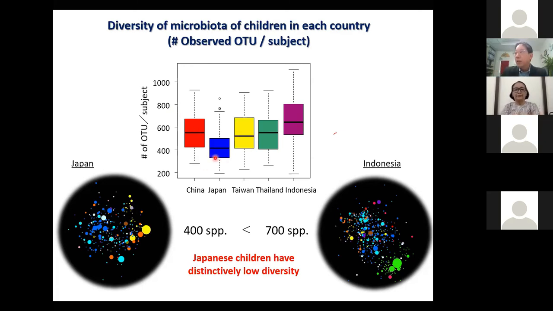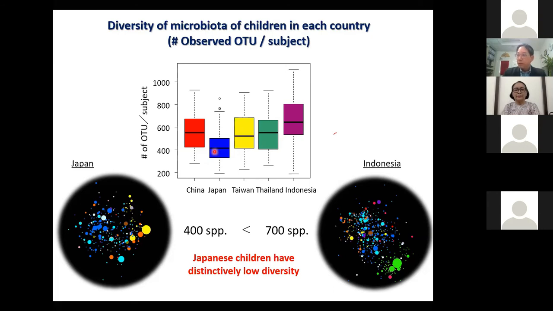Japanese children have quite a small number of species present in their gut. On the other hand, Indonesian children are very rich in the variety of species.